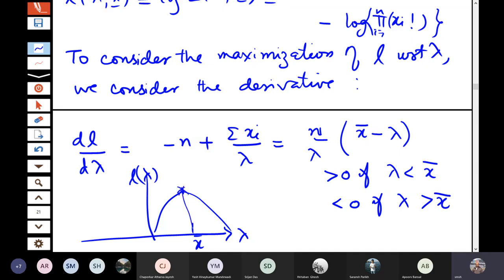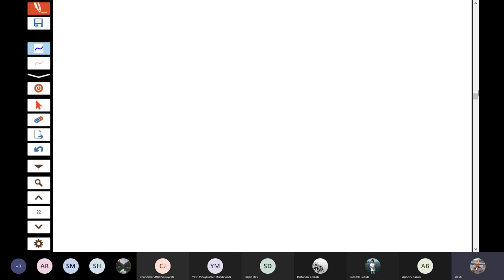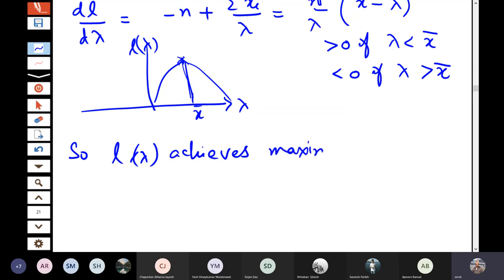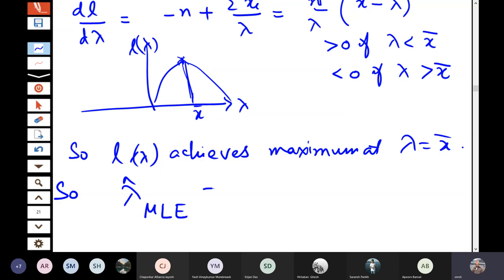So that means the maximum is attained at lambda equal to x bar. So L(lambda) achieves maximum at lambda equal to x bar. So the maximum likelihood estimator of lambda is x bar here.